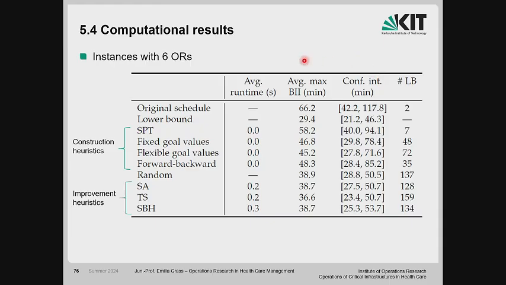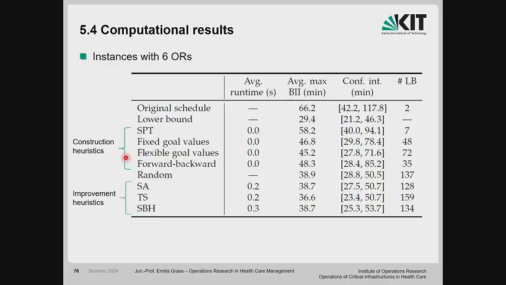So for the original schedule taken by the hospital, they had an average break-in interval, so the emergency patient had to wait on average 66 minutes for the surgery, and the lower bound, so the lambda, was reached only 2 times. When they scheduled as before, they only had 2 intervals that were exactly like the lambda.